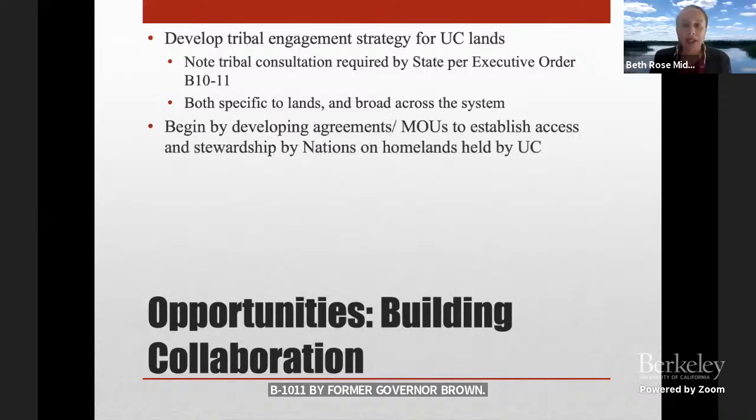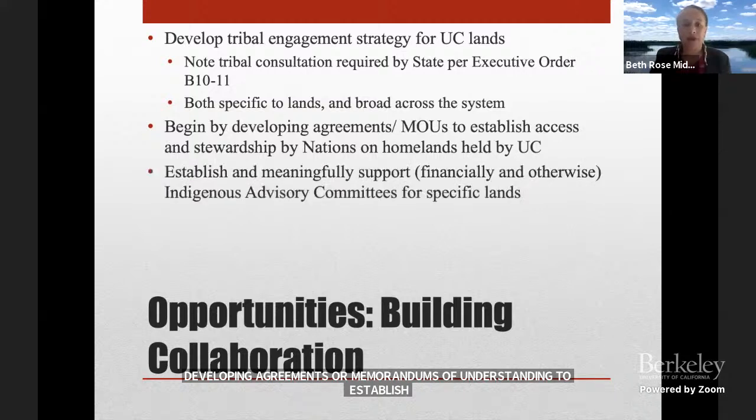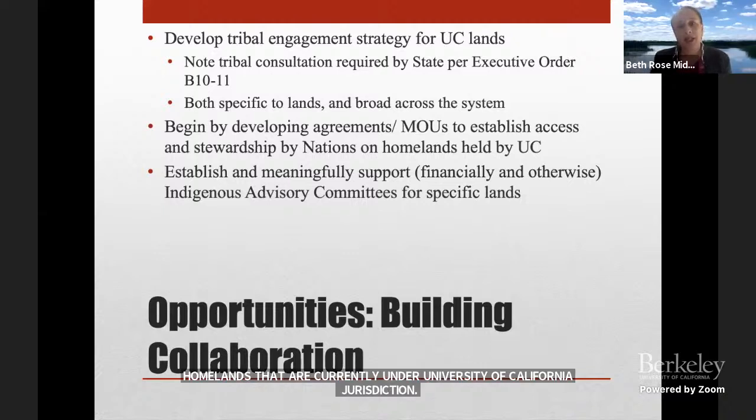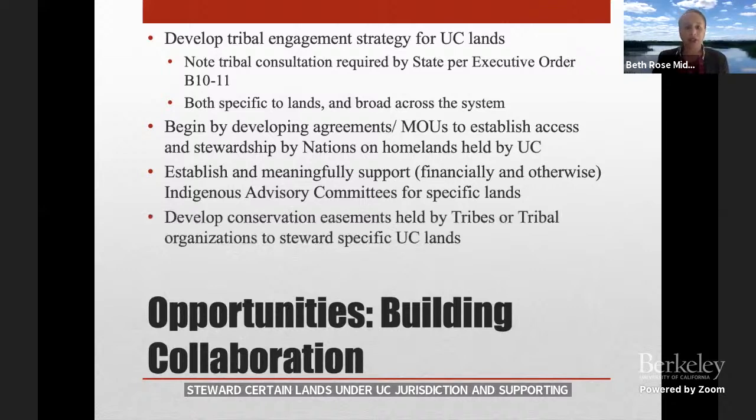What about developing agreements or memorandums of understanding to establish access and stewardship by Native nations on homelands that are currently under University of California jurisdiction? What about establishing, if people would like to, Indigenous advisory committees to cooperatively steward certain lands under UC jurisdiction, and supporting these committees, not expecting people to give freely of their time, but providing financial and other support?